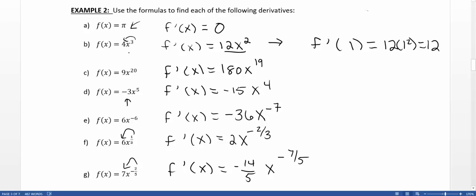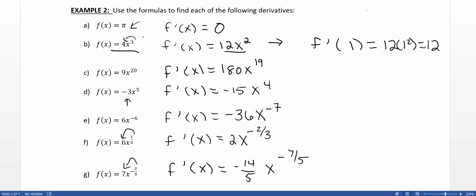What that tells me is that 4x cubed, the original function, is changing at a rate of 12 units in the dependent direction for every 1 unit in the independent direction when x equals 1.